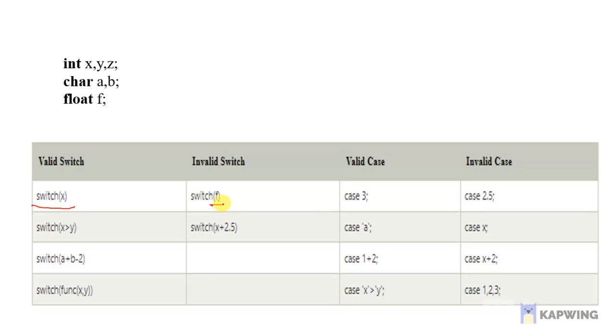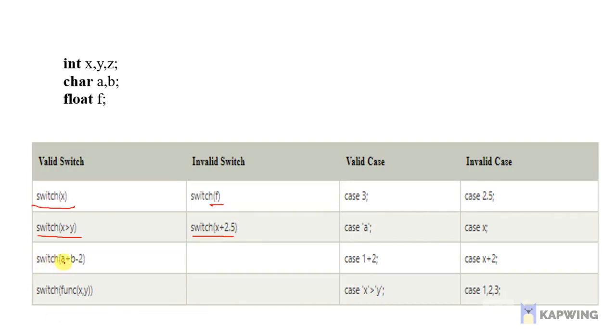It can't take float or double types of values. Next, it can take an expression like x is greater than y, this type of condition. And switch x plus 2.5: here 2.5 is a float type of value, so it will not take.